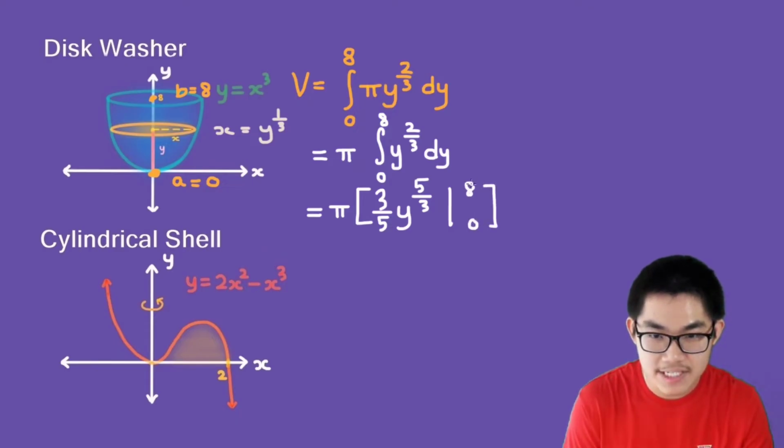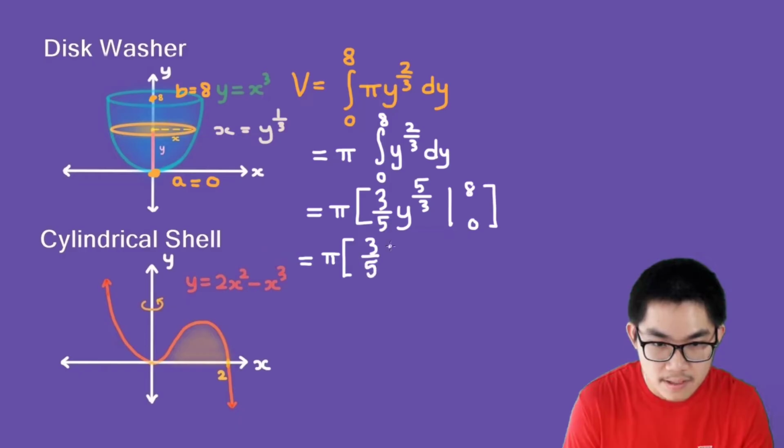So the next step is just substituting these numbers into our formula. We're going to get pi times 3 over 5 times 8 to the power of 5 over 3 minus 3 over 5 times 0 to the power of 5 over 3.